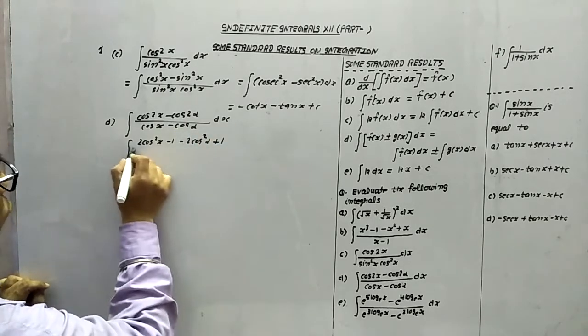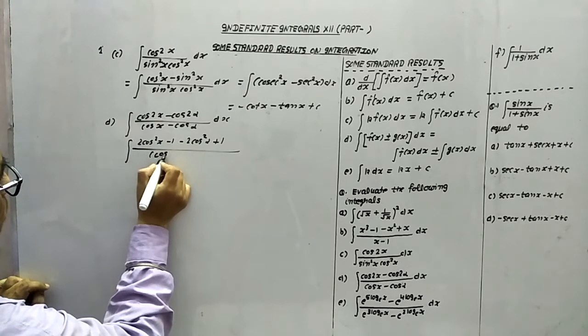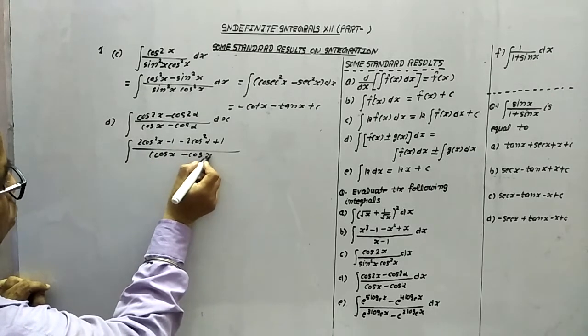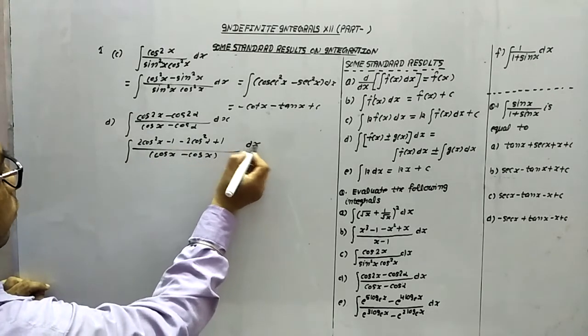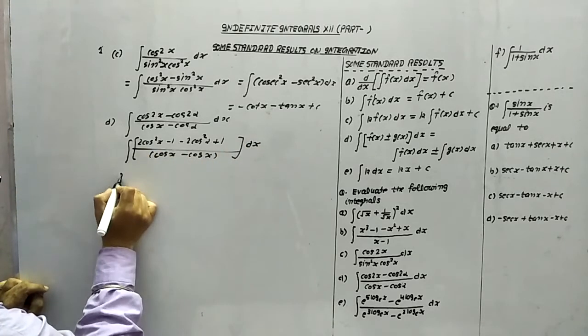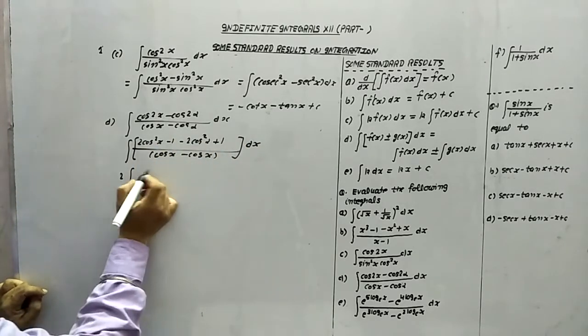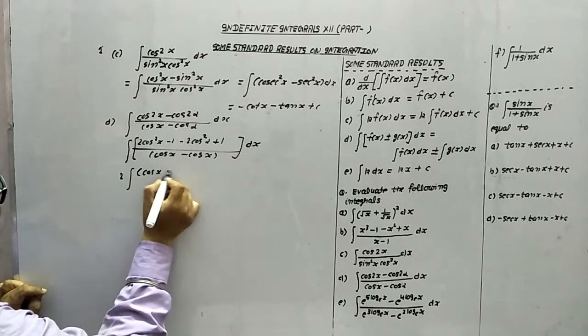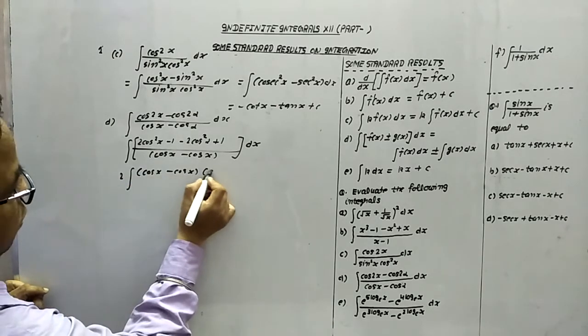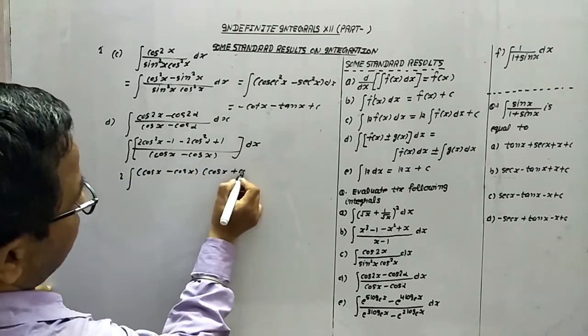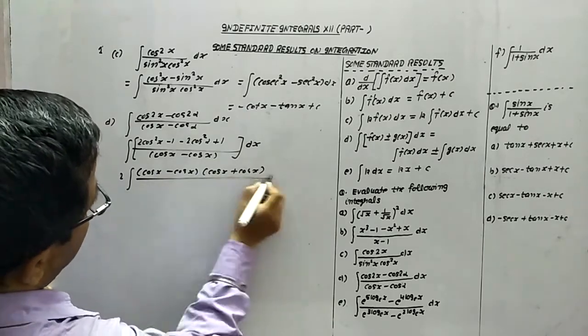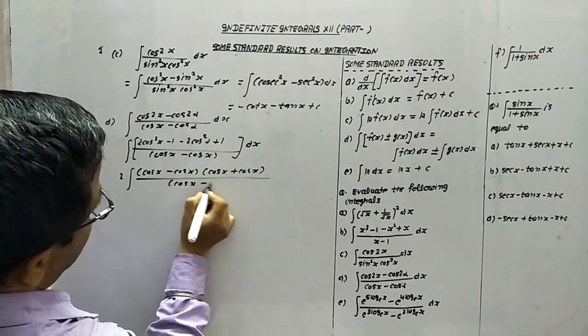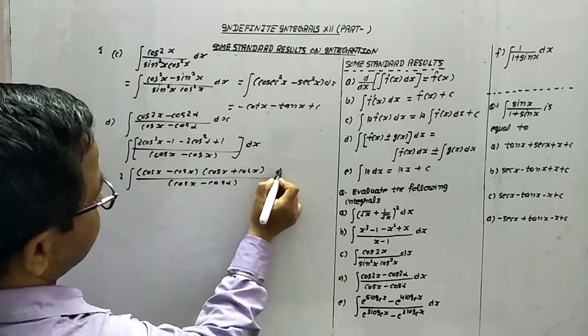It means this becomes plus 1, upon cos x minus cos alpha. Now 1 cancels out, 2 is common, and cos square minus alpha square gives cos x minus cos alpha times cos x plus cos alpha, upon cos x minus cos alpha, dx.